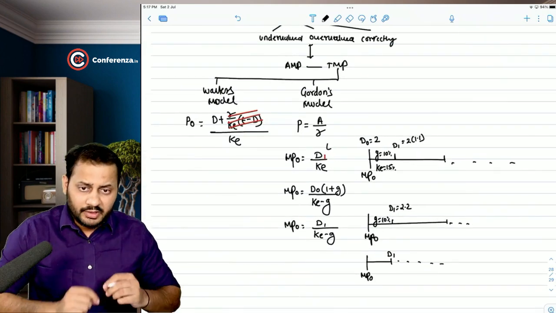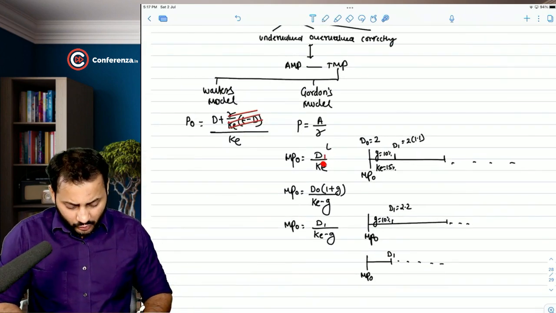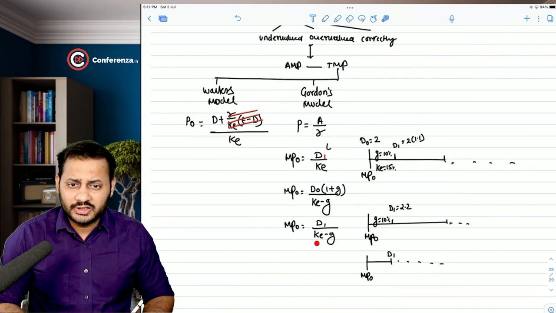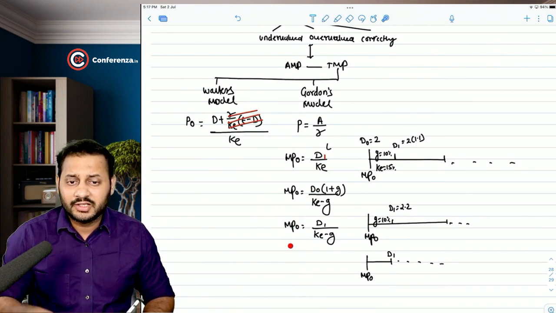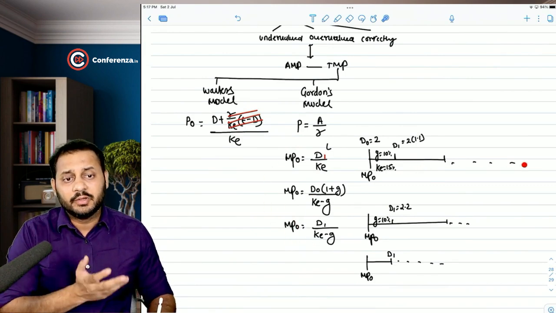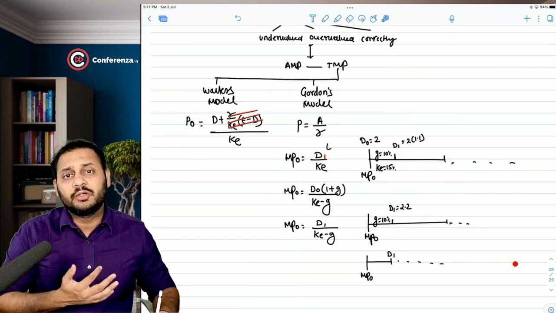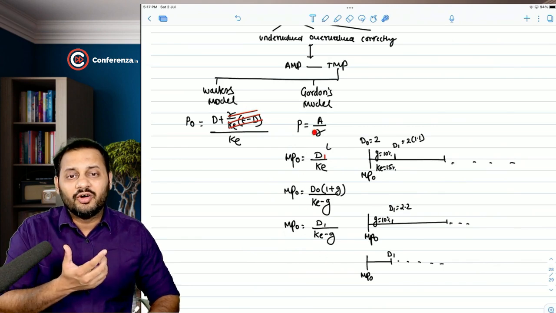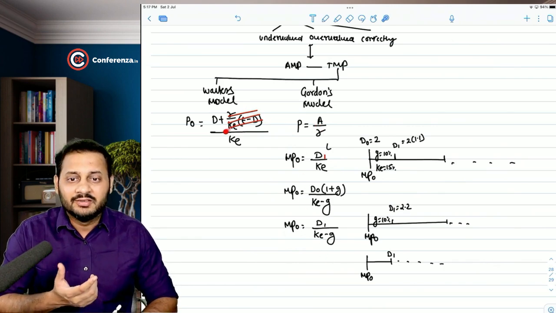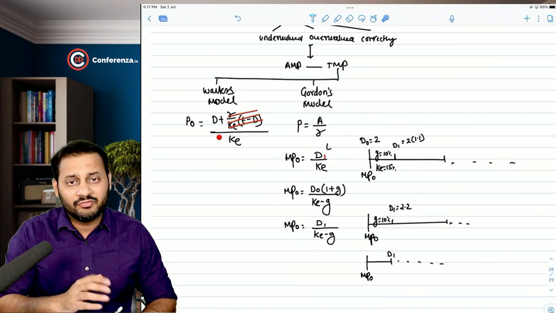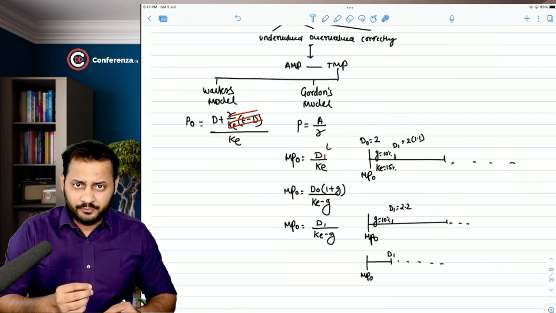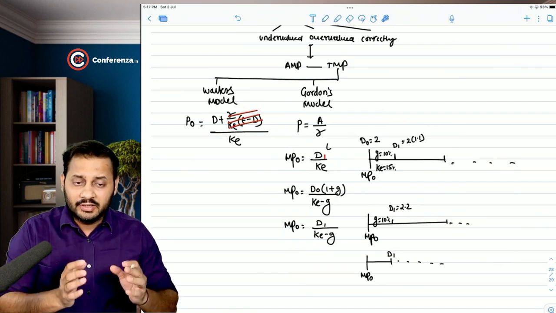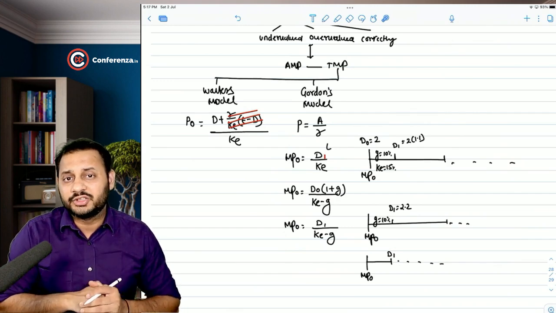Coming back to the basics, in all the three formulas, we are assuming that the life is perpetual. Why? Because we have derived all the three formulas from the formula of perpetuity. In this case also we did the same thing. Life was perpetual. But what if the life given in the question for a particular share is limited?